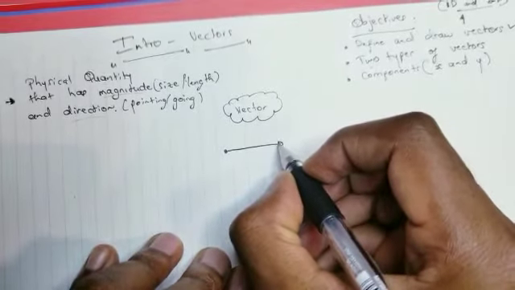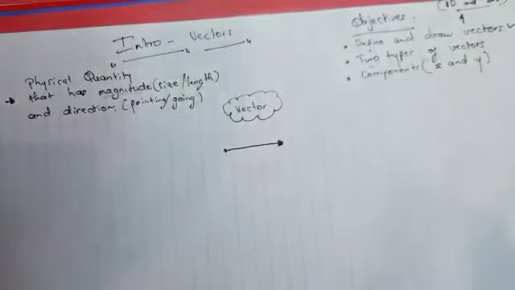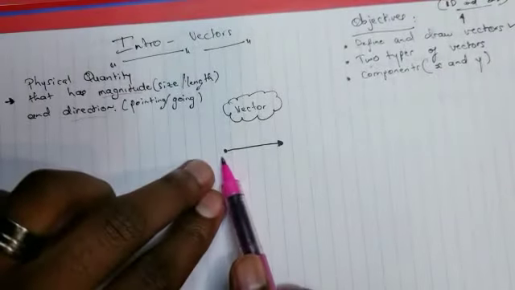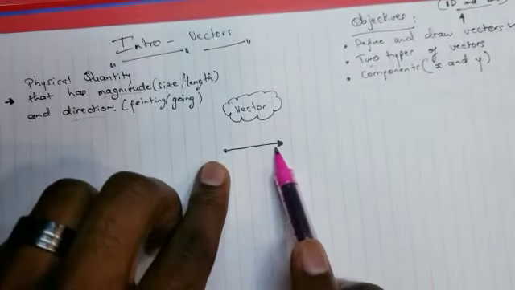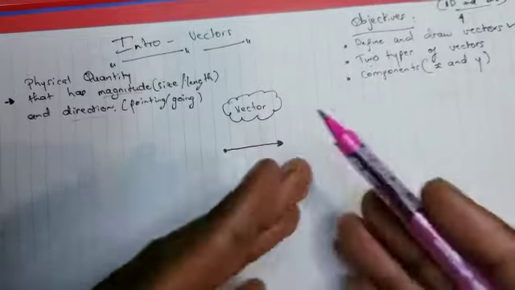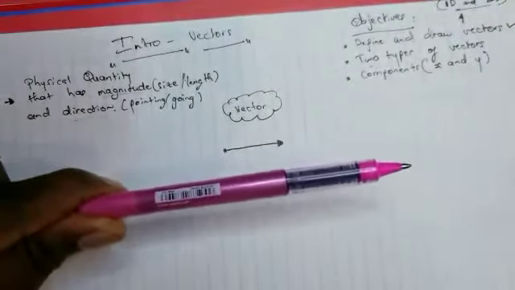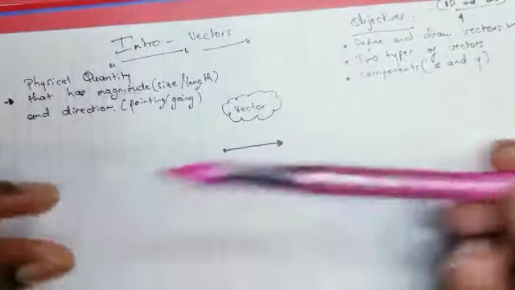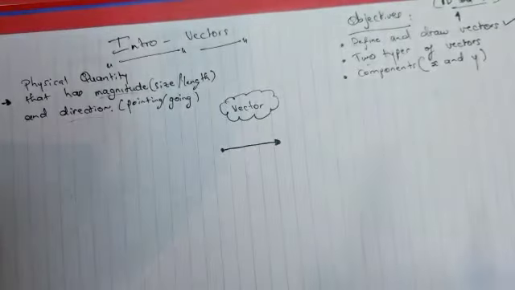It has three main parts. Those three parts are a tail, it has a length, and it has an arrowhead which is pointing this way, and it specifies the direction. If it was pointing that way, it would be specifying the direction in that way.